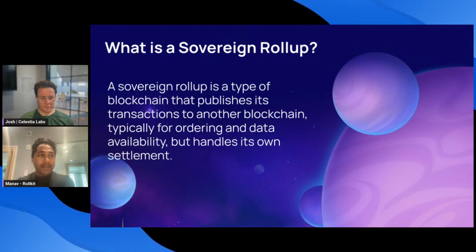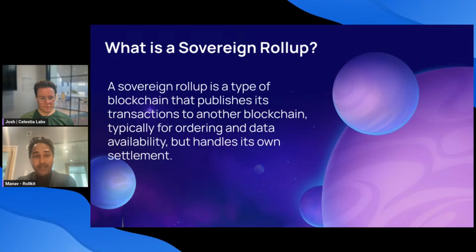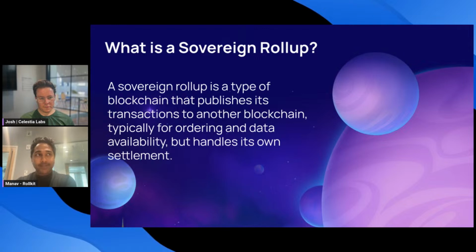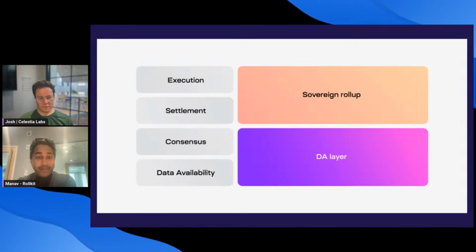A sovereign rollup gives you the sovereignty of an L1, it's just like launching an L1, but the time to market is really fast. And you do not have to bootstrap your own economic security. You just pay for economic security as you go, whatever you need, on demand. So that's what a sovereign rollup is.